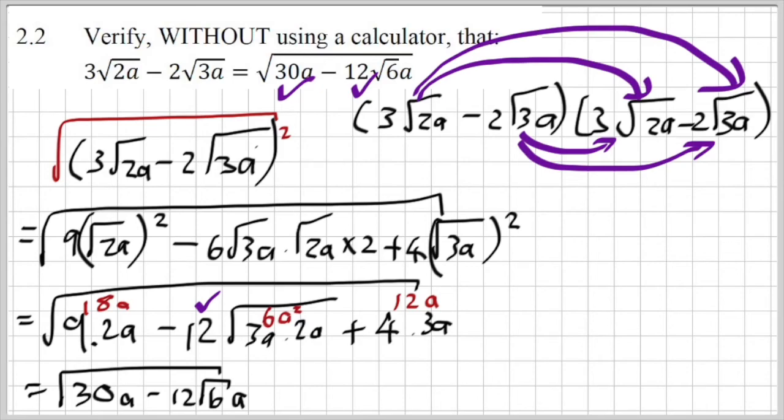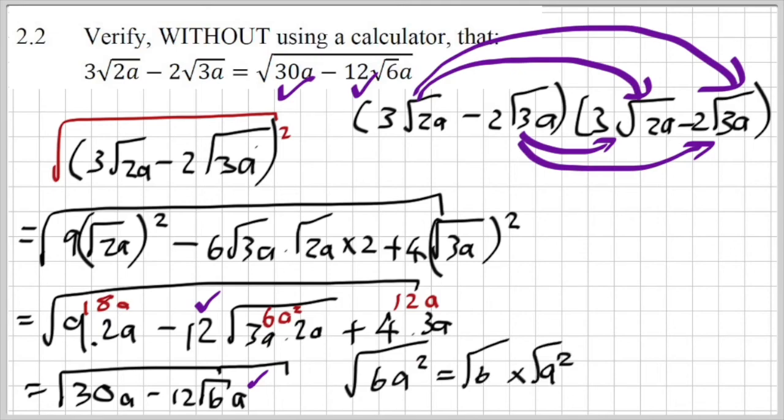Now, what is the root of a squared? Well, that's just a. But please don't forget that that root goes over both there. So I'm basically saying the root of 6a squared is the root of 6 times the root of a squared. And that is the root of 6 times a, which I wrote there. Oh my hat. That's exactly what I was looking for.